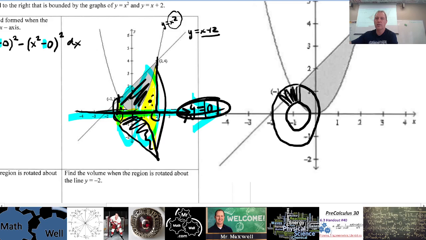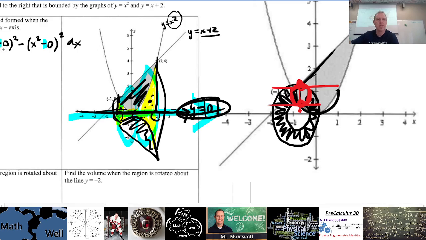I just want to find out what this area is. So what is the radius? Well, the radius is function 1, which is this function, minus function 2. So it's from here, function 1, down to function 2. If you take the value of function 1 minus the value of function 2, then you get this middle part, and that's your radius.